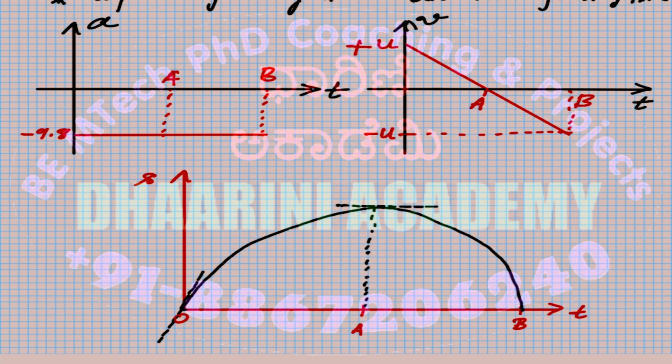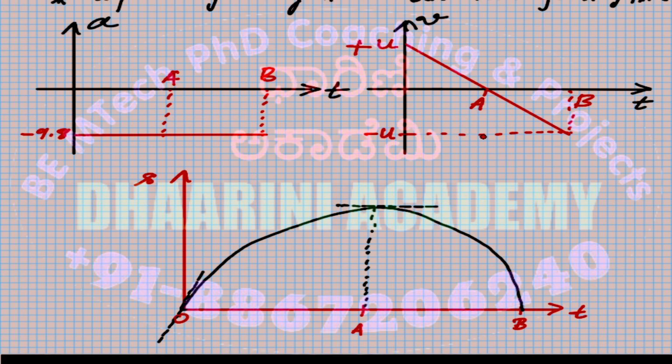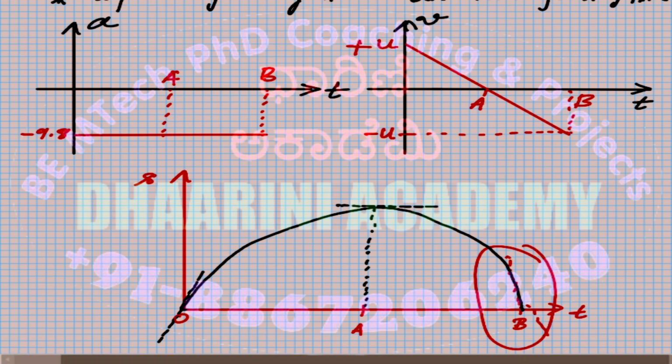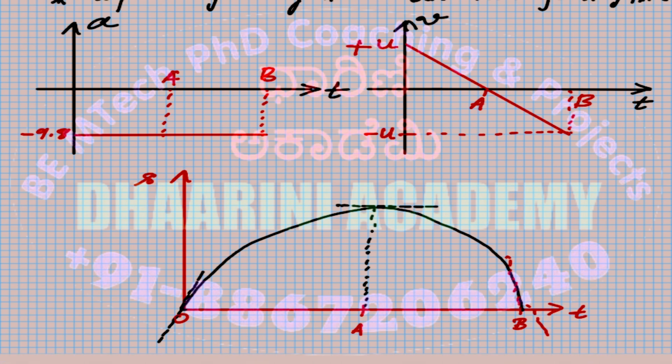Then B is the point when the particle is going to strike the ground once again. And if you try to find the slope in the velocity curve, it reaches minus u. I have to justify that. If you look at this slope, it is actually a negative slope. If you find the slope at this point for the given curve, it's going to be negative.